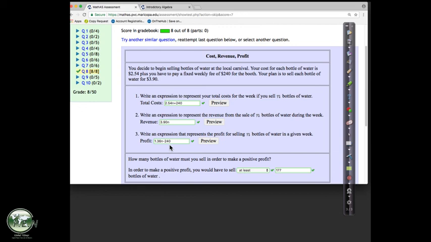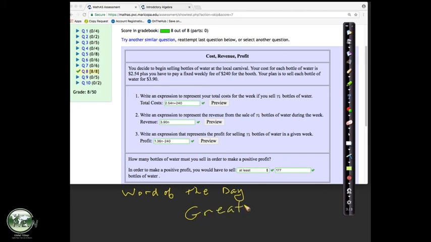Okay, so one important thing. Let's put it on here. Let's do it in yellow. Oops, crossed it out.